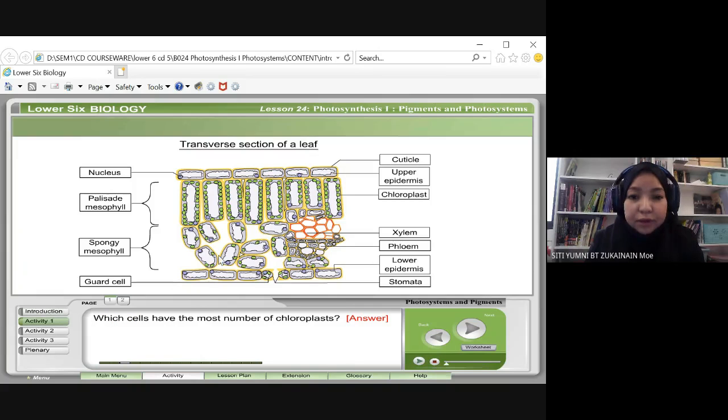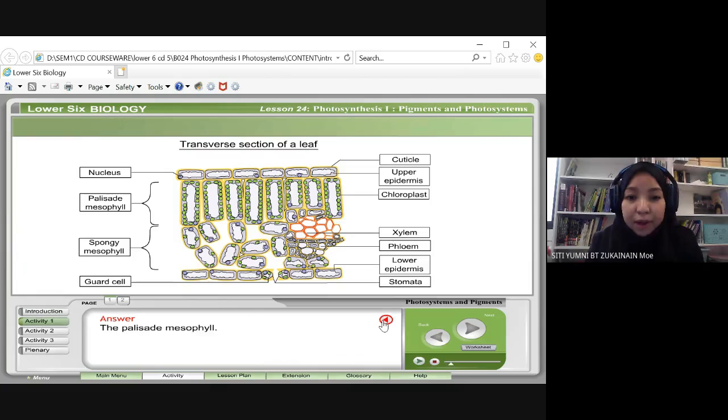From here, what you can observe is that the cells with the most chloroplasts are the palisade mesophyll.